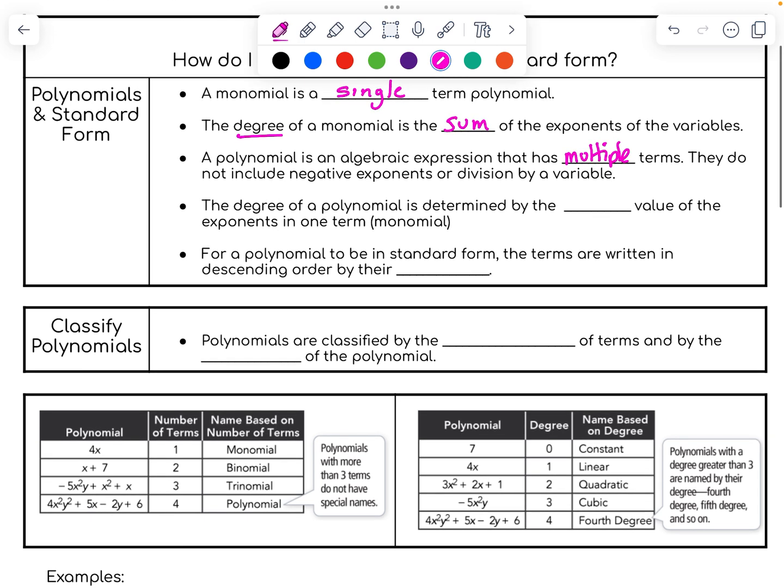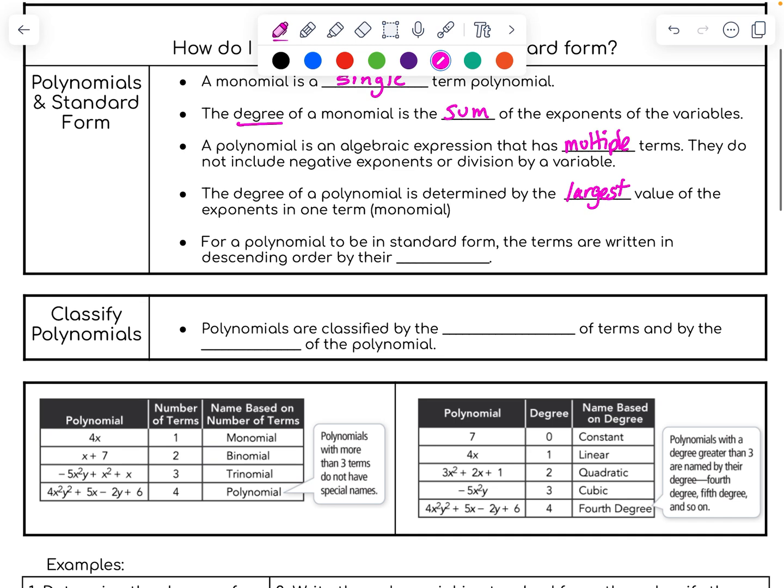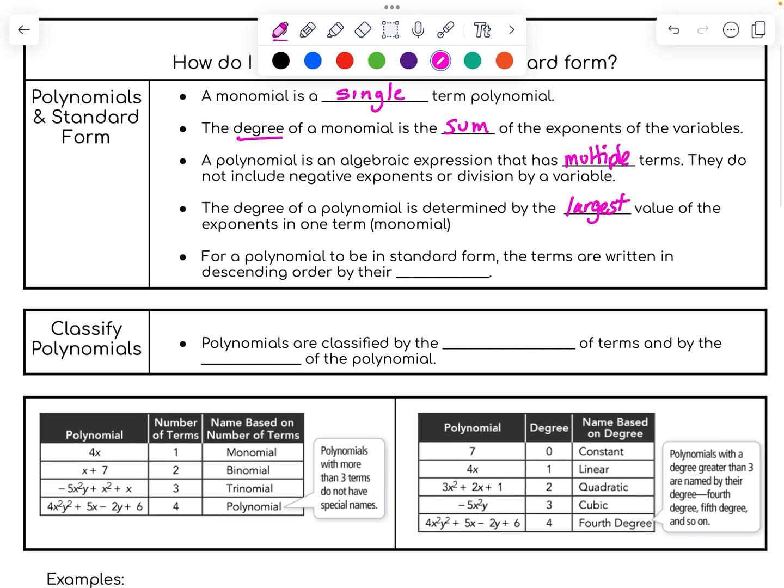The degree of a polynomial is determined by the largest value of the exponents in one term. So it's whichever term has the largest degree or value.